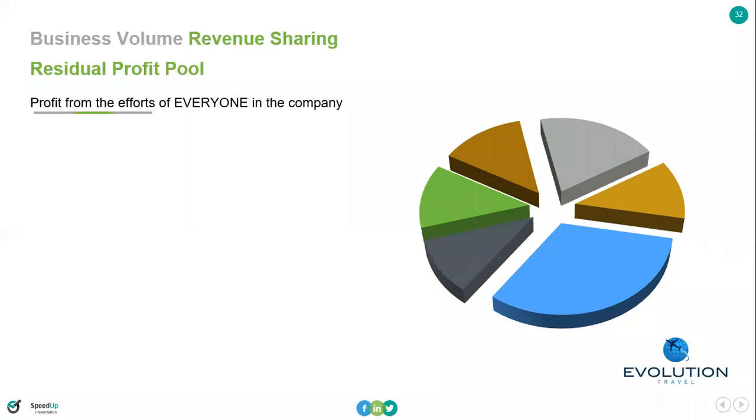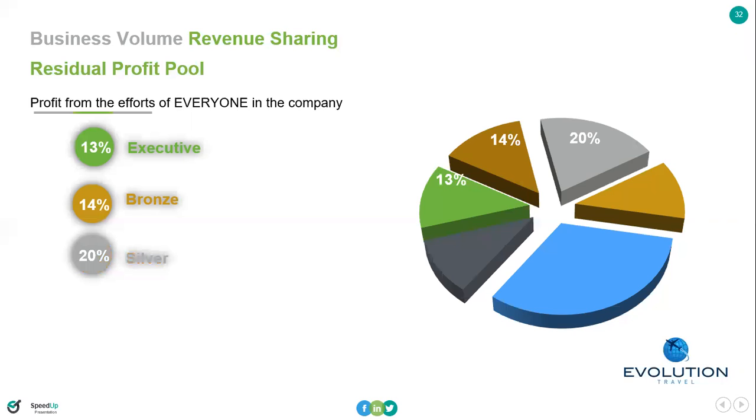Now, this slide just really talks about the breakdown of the residual profit pool. Every month you get residuals, and the residuals are based off of a profit pool. Out of that profit pool, 13% goes to executives, 14% goes to bronze, 20% goes to silver, 12% goes to gold, and 30% goes to platinums, the 1 and the 2 stars.